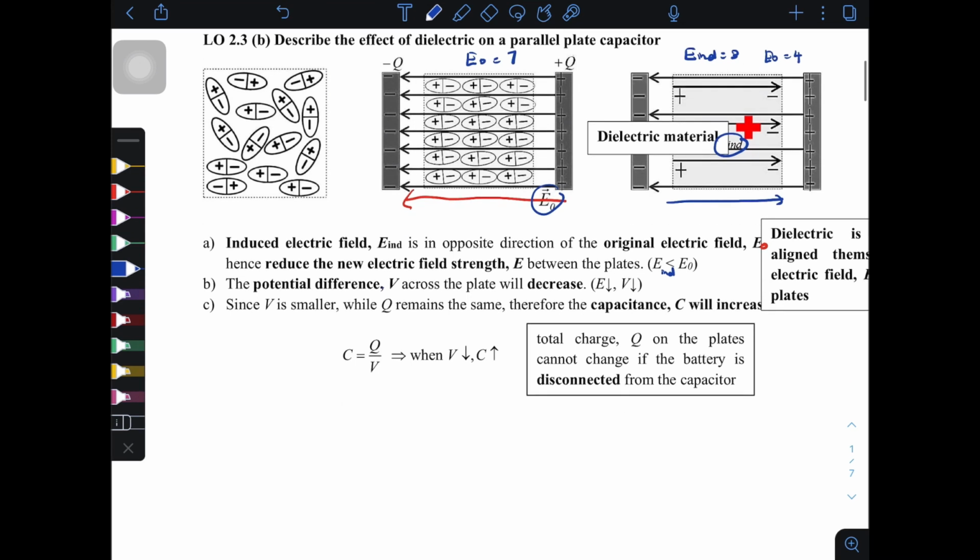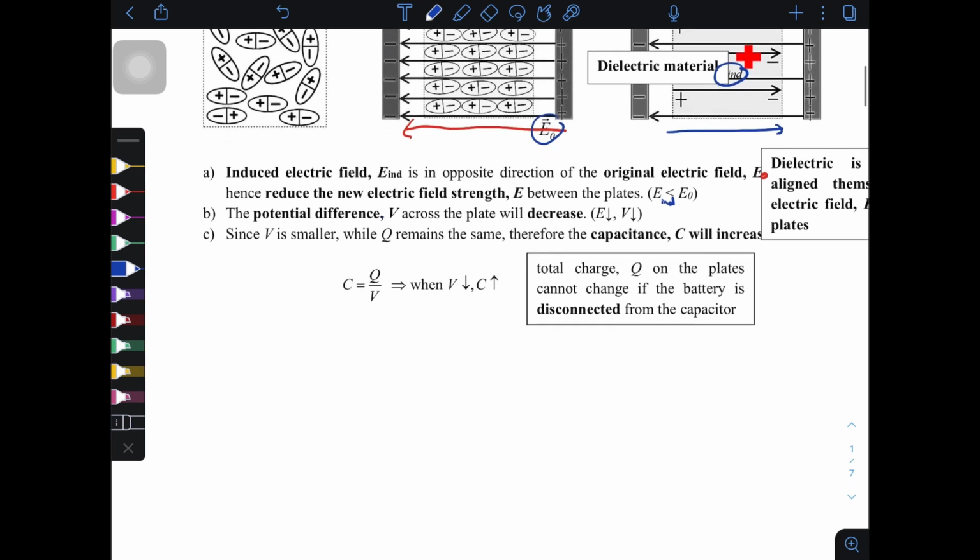Okay, so the potential difference V across the plate will decrease as E decrease. Macam mana ini terjadi? Okay, so kita ada capacitor here dan antara capacitor ada jarak D. Macam mana E tu efek dengan voltage dan macam mana dia efek dengan capacitance?